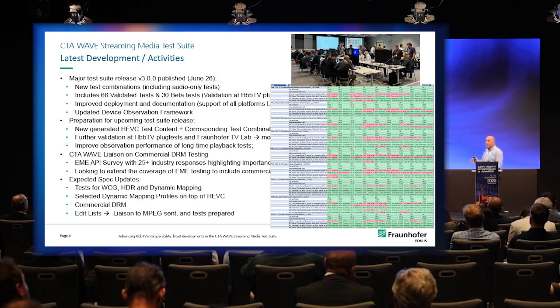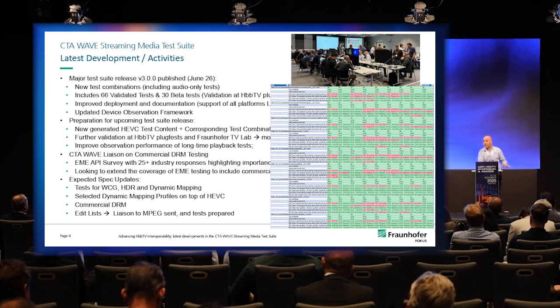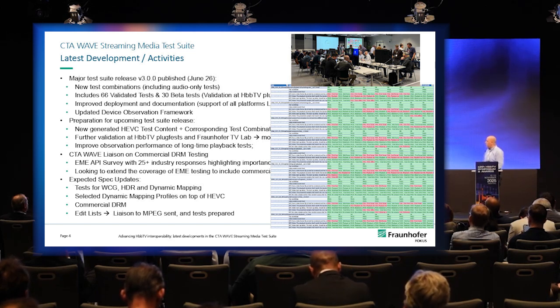There are still many issues with this API's integration with commercial DRM systems. I'm not talking about issues within HbbTV, but about issues in general when using this API in combination with commercial DRM. We will then try to extend the test suite or include more commercial DRM systems.